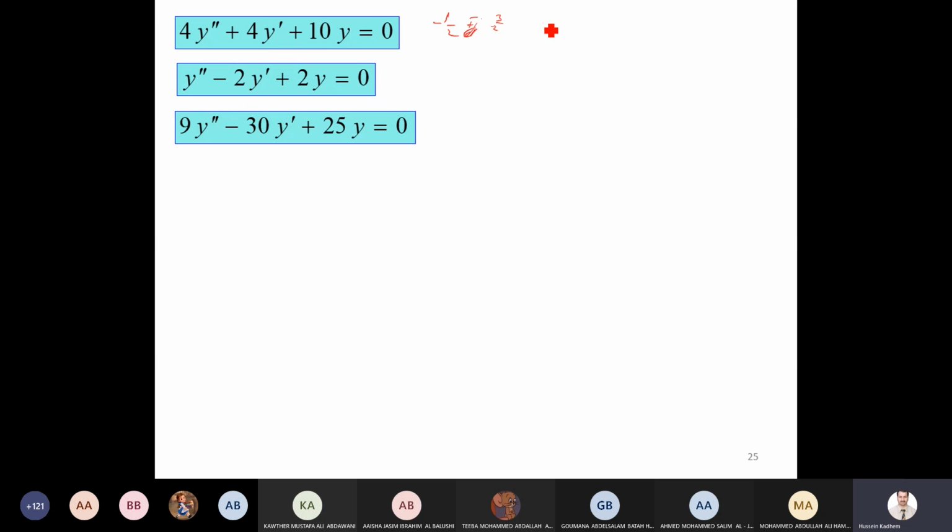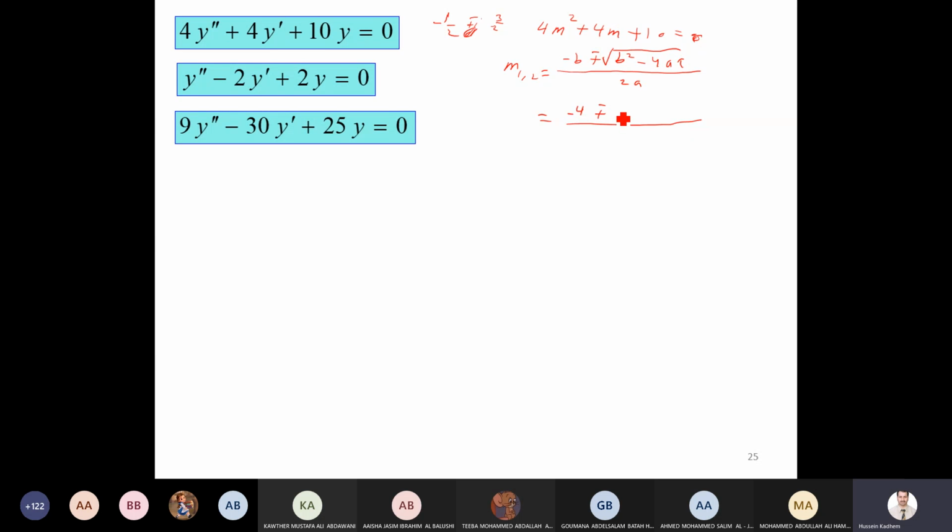Okay, let me solve it. 4m squared plus 4m plus 10 equals 0. I will write m1,2 equals, supposed to be, minus b plus minus square root of b squared minus 4ac, over 2a. I will substitute. Where is b? This is b, 4.